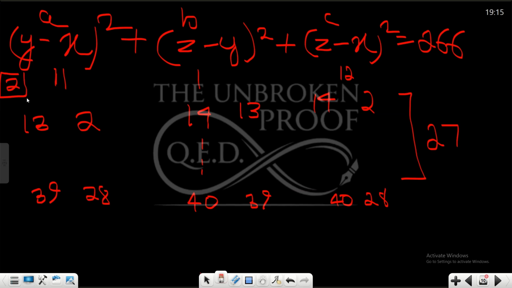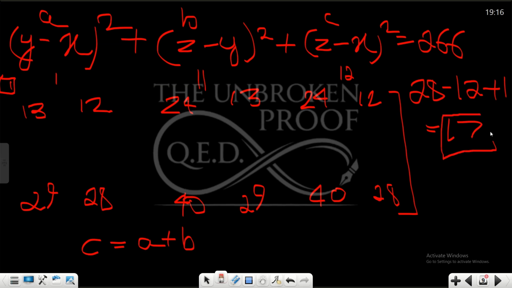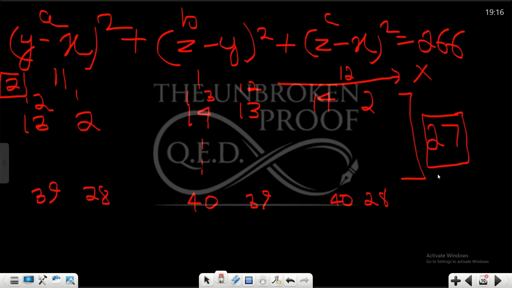Because we are eliminating the first one, 12, 1, 13. From here to here it is 28, from here to here it is 27. So in the second case, 27 triplets are possible. In the first case 17 triplets are possible. So overall, 44 triplets are possible till now for the first two cases.